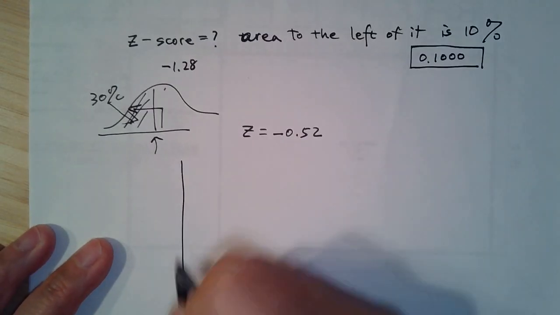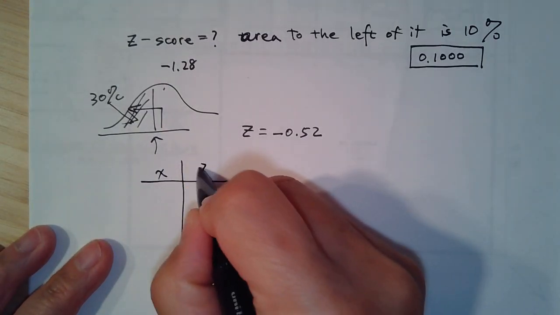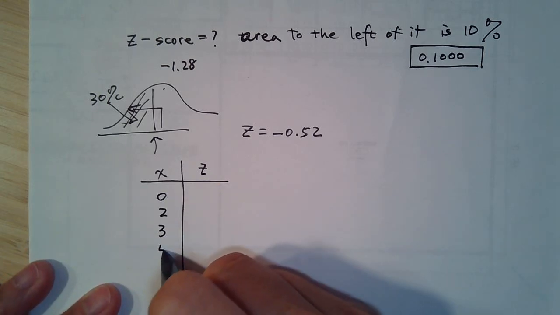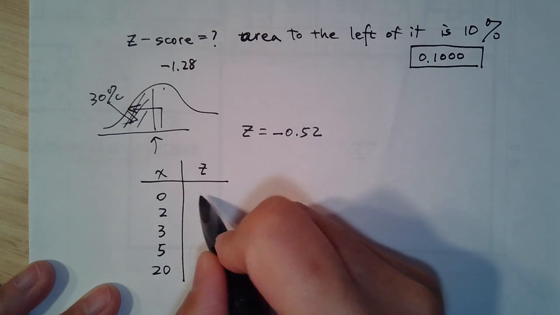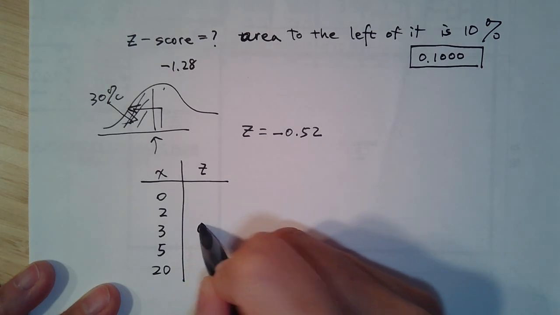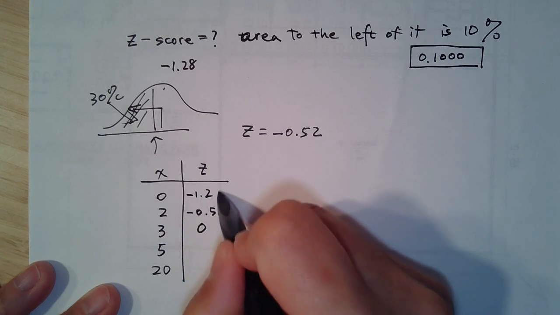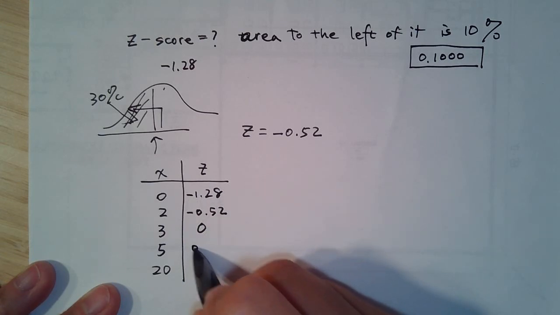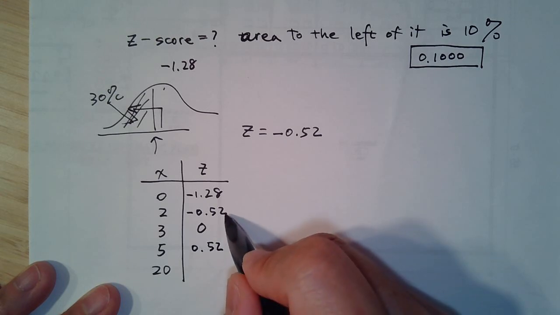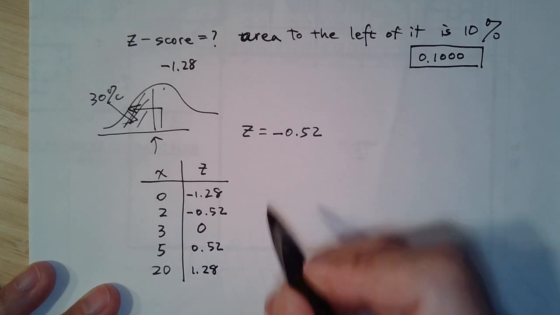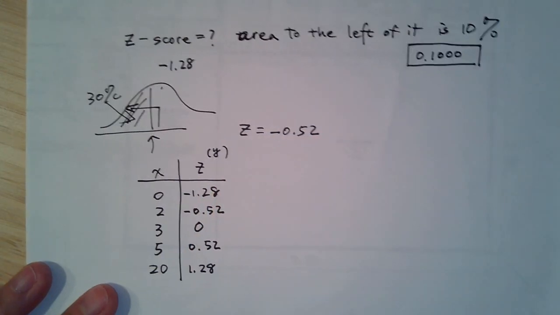Okay, so I can have x and z. X is 0, 2, 3, 5, and 20, and the z-score in the middle is 0, here's negative 0.52, here's negative 1.28, and the other side is just positive 0.52, because 70% of the data is less than this, and here is 1.28. Treat this as y, in the y-axis.